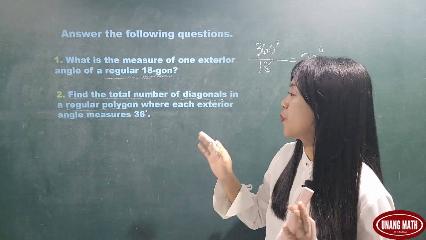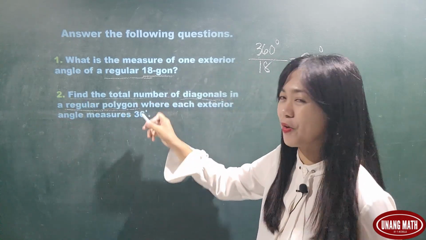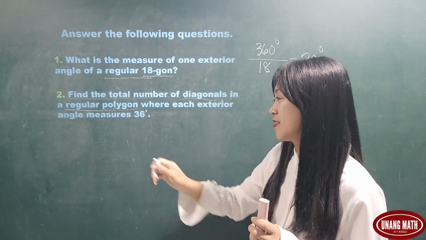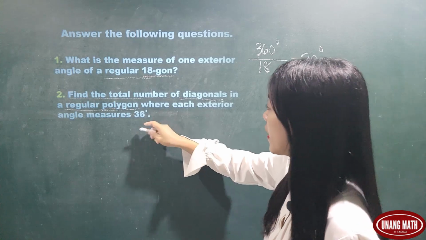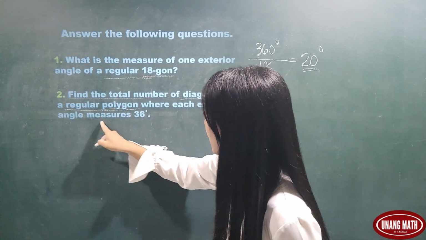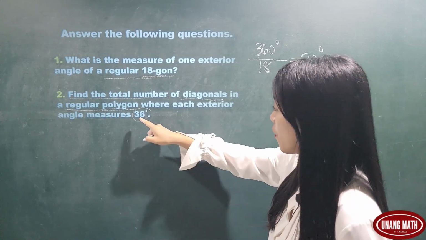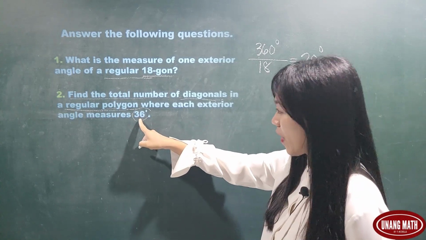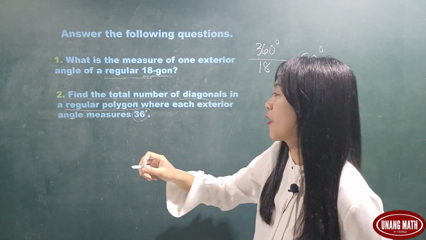But actually, we don't know yet what this regular polygon is, or how many vertices it has. But we have a clue here. Each exterior angle measures 36 degrees. We'll use this given to find out what this regular polygon is.